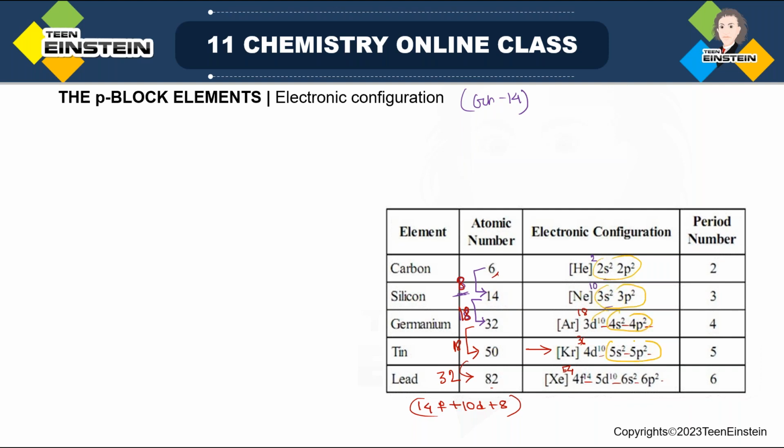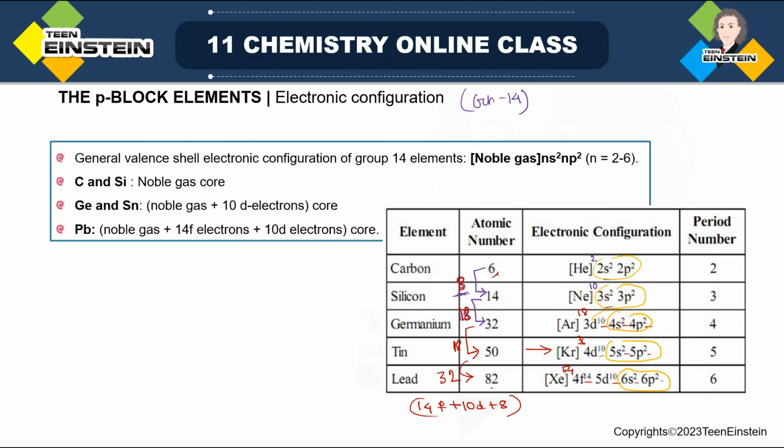So this is the common part, how we can write the general configuration for group 14 elements. It should be like this, ns2 np2. Now the n value may vary. When it is period number 2, then it will be 2s2 2p2, then period number 3, 3s2 3p2, 4s2 4p2. In this way it will move.